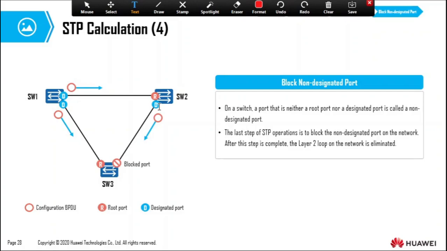One and only one. How many designated ports can we have on non-root bridges? One, right? Because we are forming a tree. So I hope you remember that.